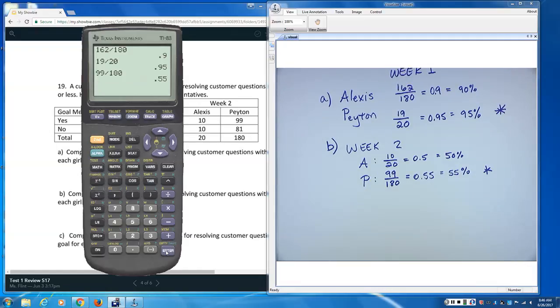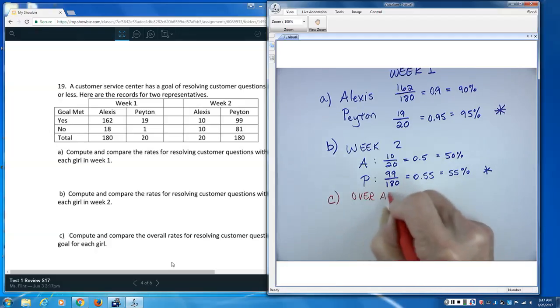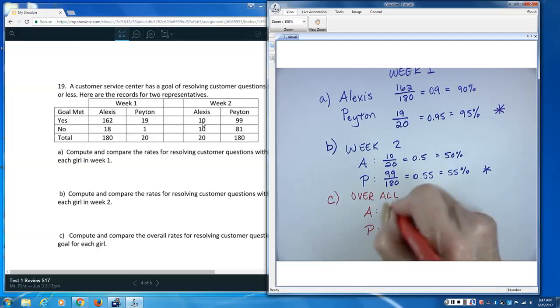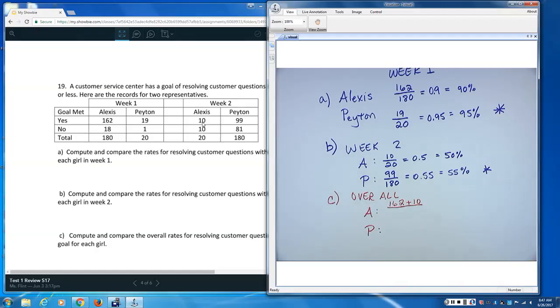But then on the last one, we're talking about both weeks. So this is overall. So Alexis overall had 162 plus 10 that were yes, over 180 plus 20 that she contacted overall.